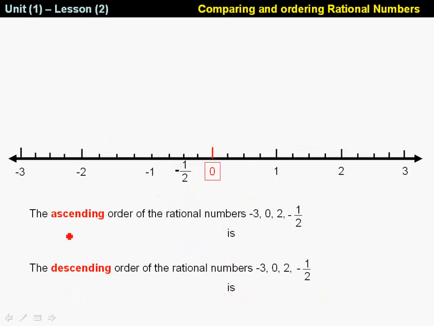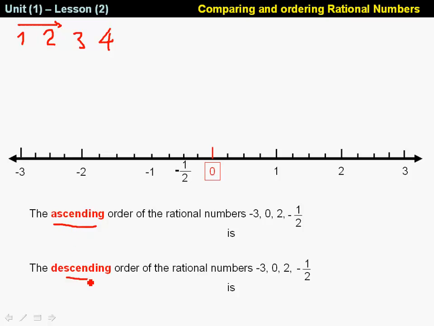I want you to know what ascending and descending are. Ascending is from smaller numbers to bigger numbers. If we have 1, 2, 3, 4, from small to bigger numbers, it is in ascending order.